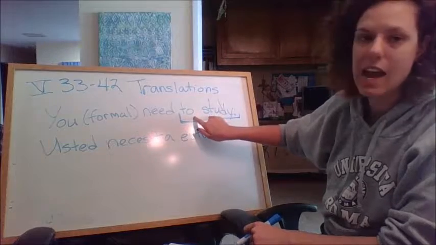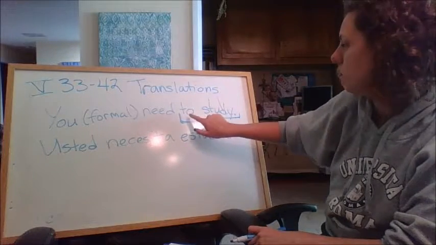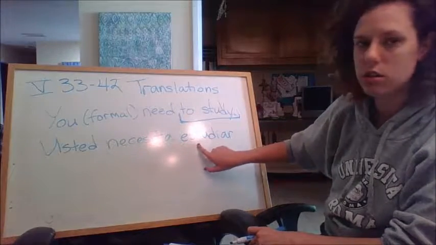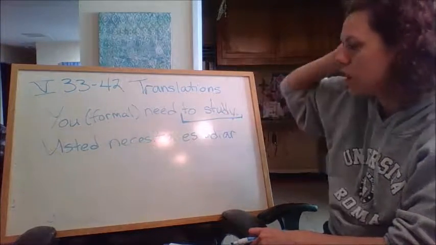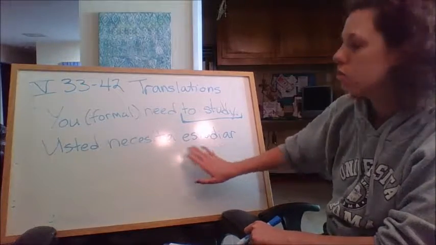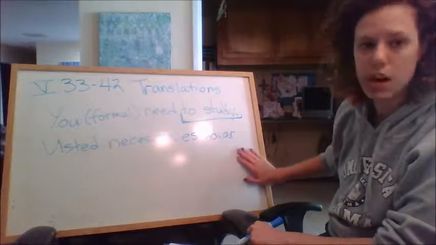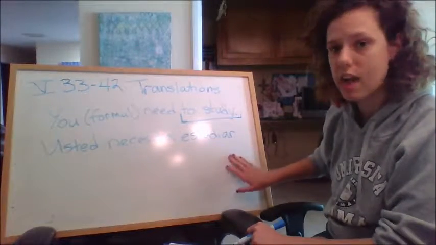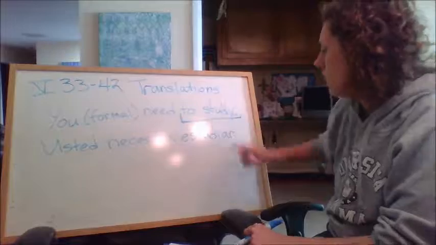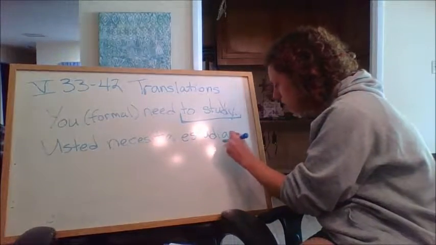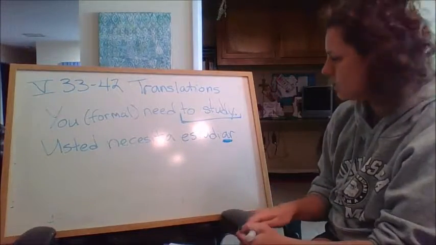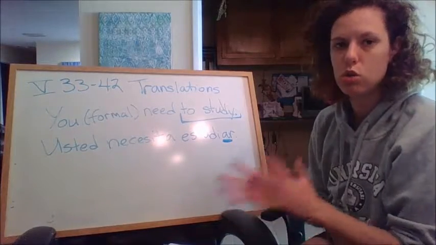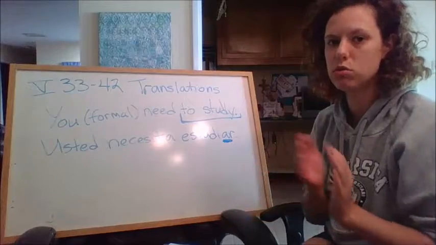We want it to stay estudiar because this literally means to study. I see some students get confused with this and they try to conjugate both verbs. So they would say usted necesita estudias, but what that would mean is you need, you study. We don't want to say that. We want to say to study. Because of this little ending, our infinitive ending, it actually means to do something, to verb, to study in this case.